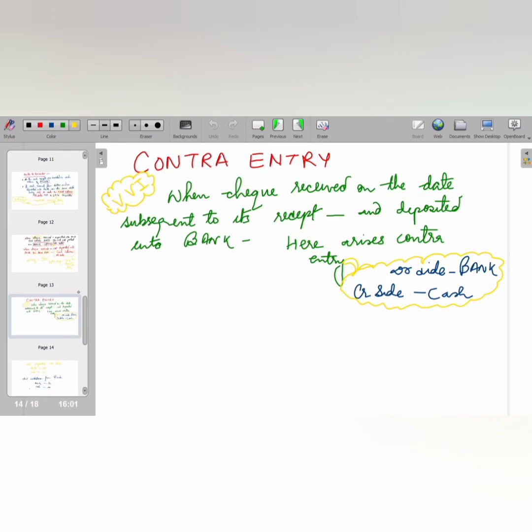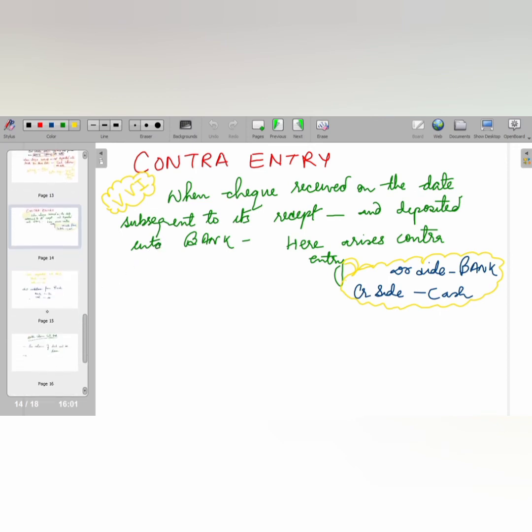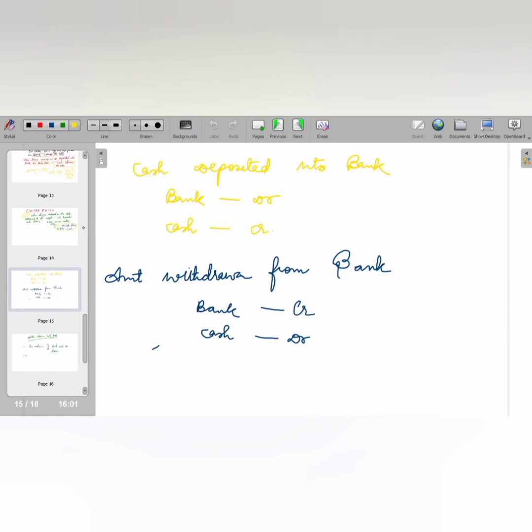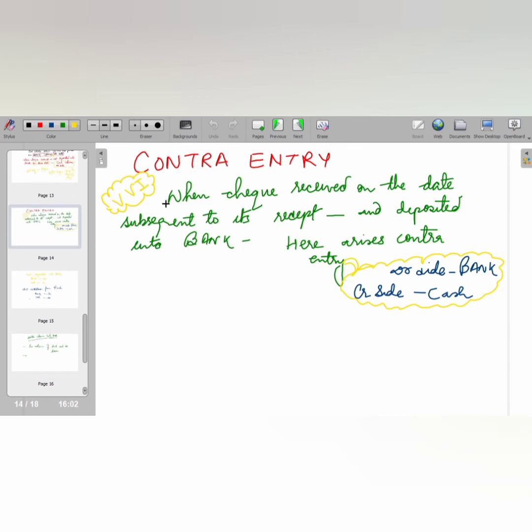Next, now we will understand what is contra entry. Okay, the very important part of this double column cash book. Okay, see, we will understand with the help of an example.